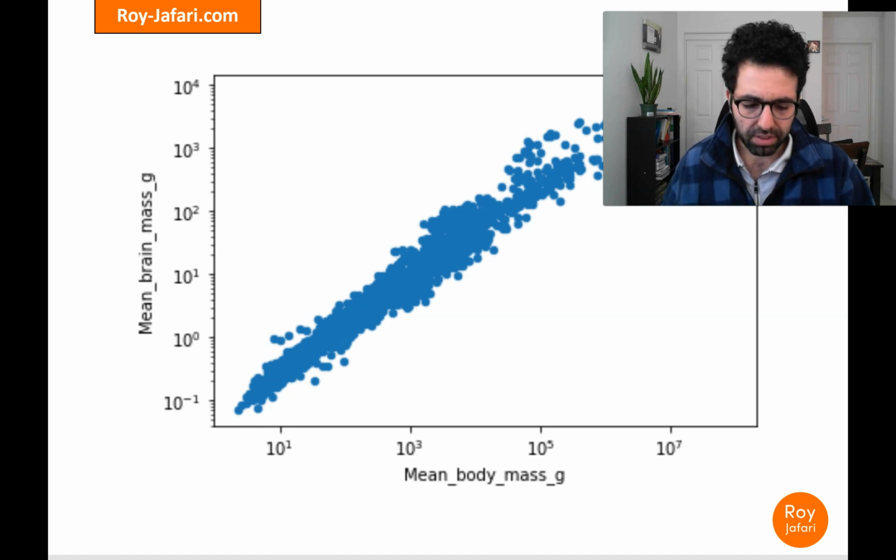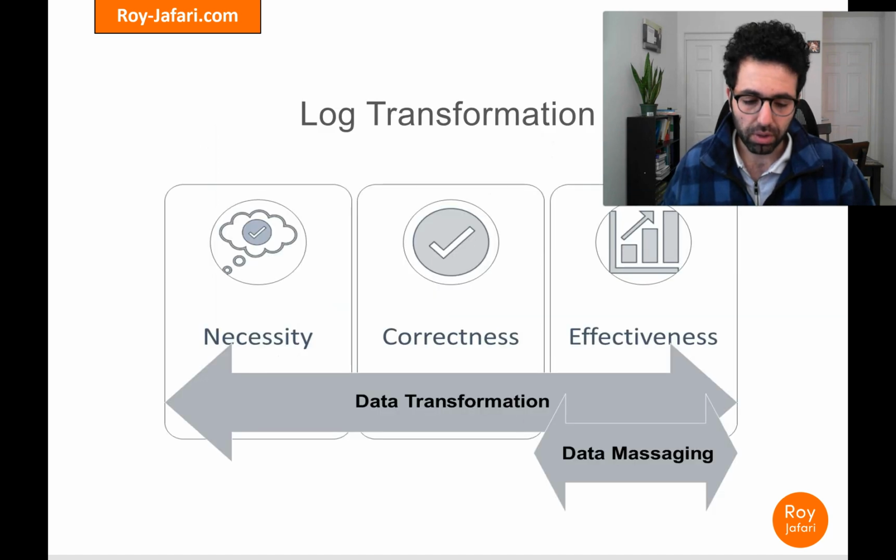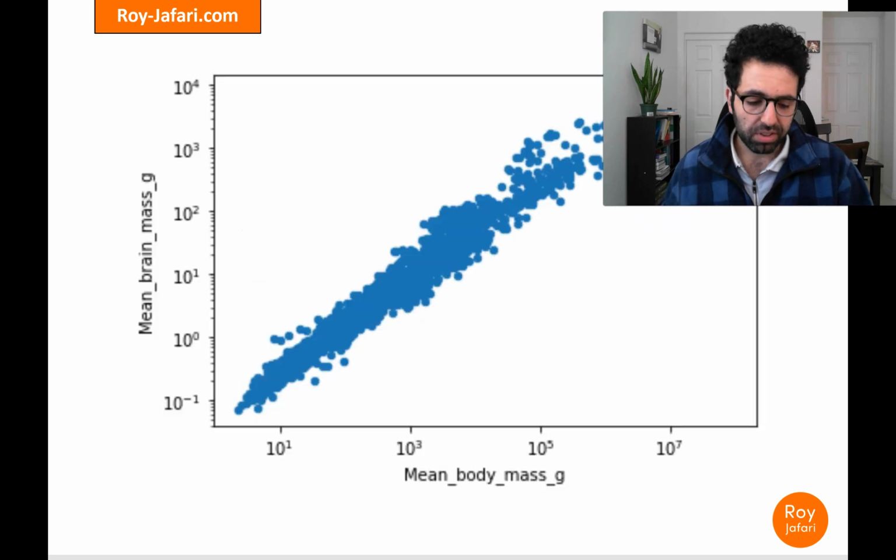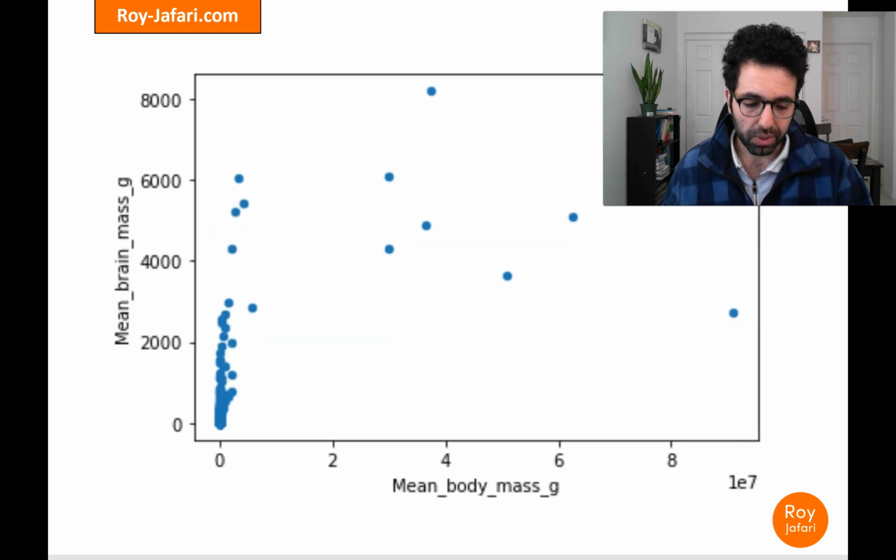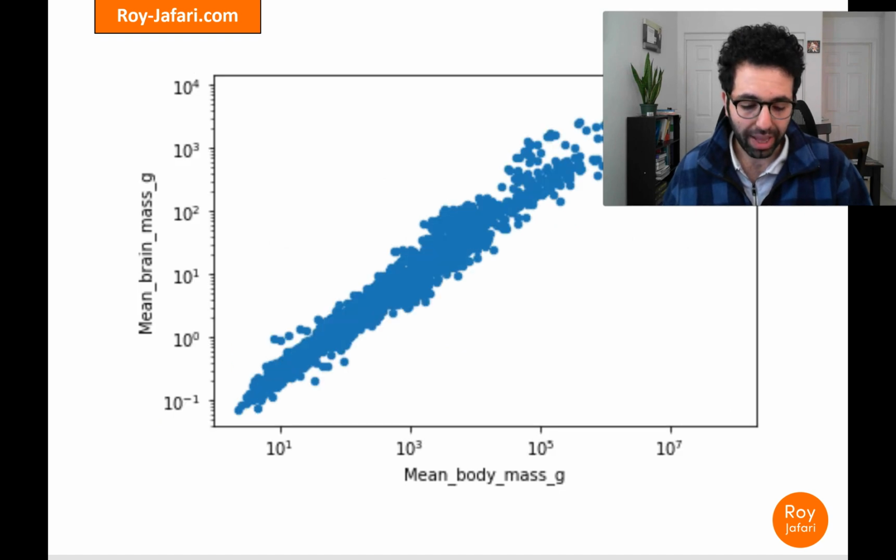So like I said, this was a short video, but if we were to discuss whether log transformation is data massaging or not, we do know that it's a data transformation. In this case, we were visualizing this, but only after doing the log transformation did the relationship start showing itself.